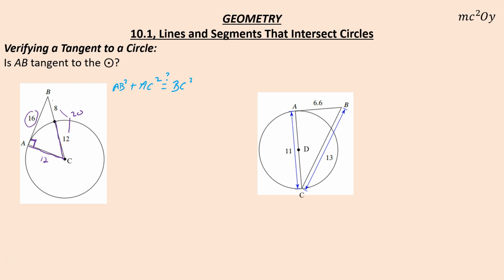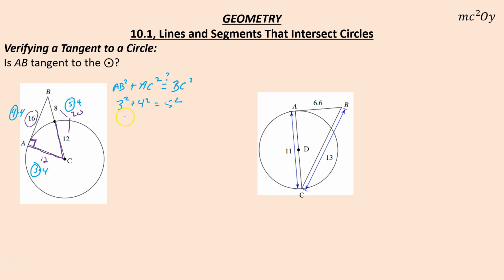But I'm seeing some whole numbers here, and I recognize that 3 times 4 is 12, 4 times 4 is 16, and 5 times 4 is 20. So this is a 3, 4, 5 triangle. This is a Pythagorean triple, and I know that 3 squared plus 4 squared equals 5 squared.